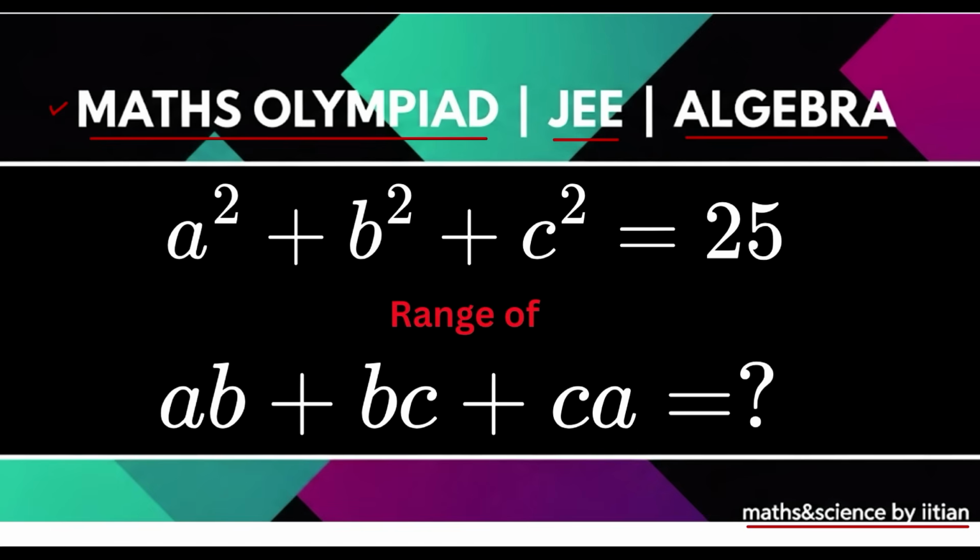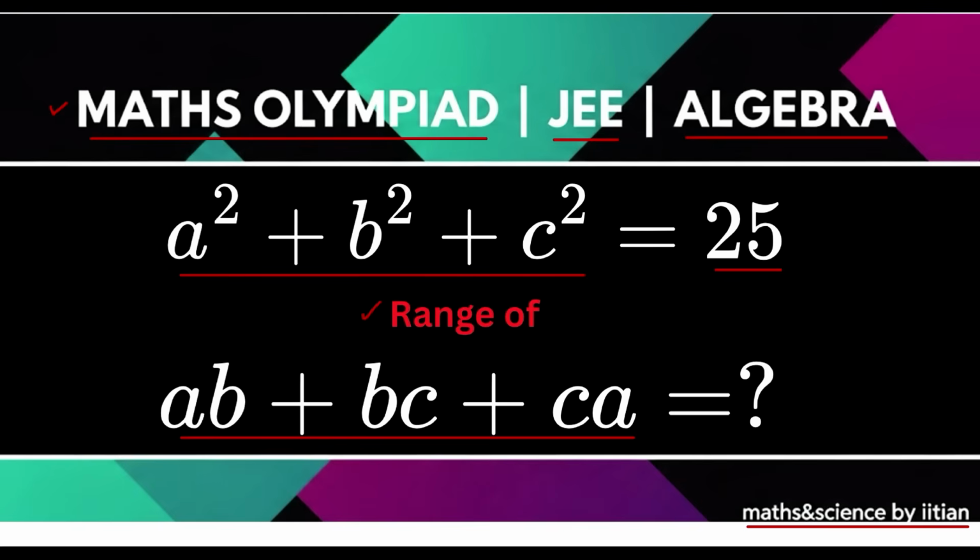The given question is, if a square plus b square plus c square is equal to 25, what will be the range of the value of ab plus bc plus ca? This is what is to be solved.